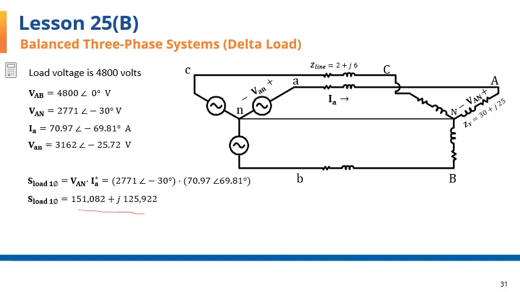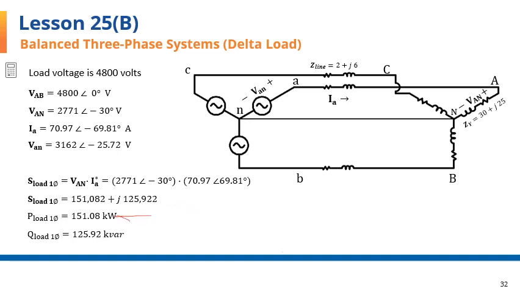The real part of this complex value will give us the real or active power of the single phase of the load, and the imaginary part will give us the reactive power. And I wrote those explicitly out here.